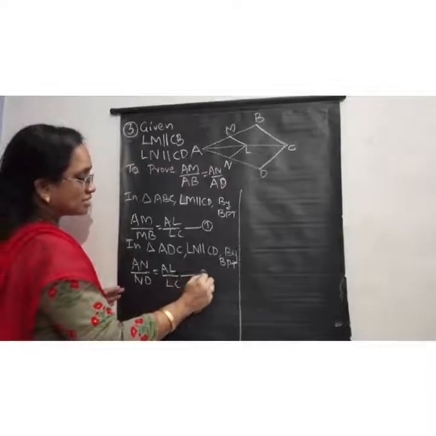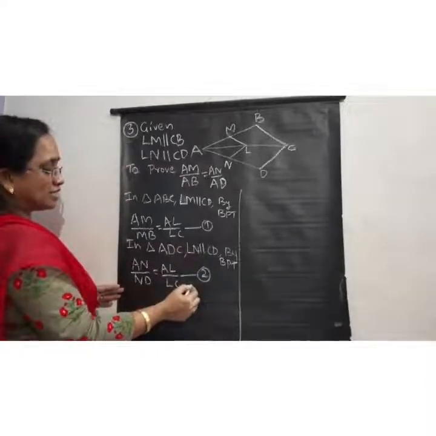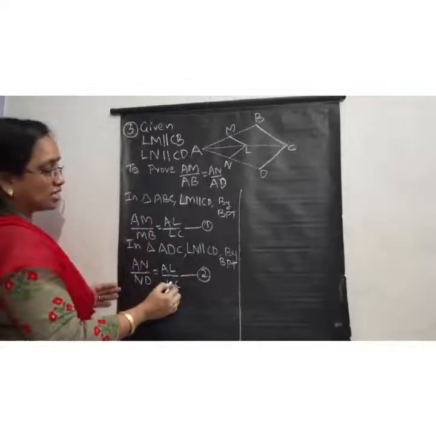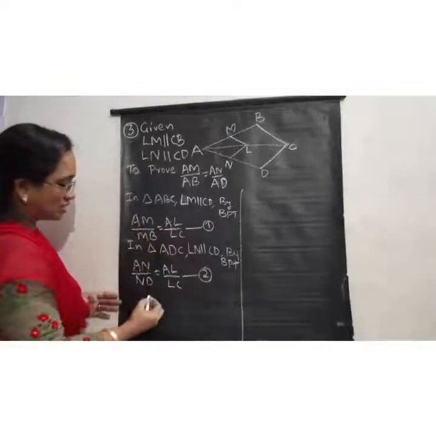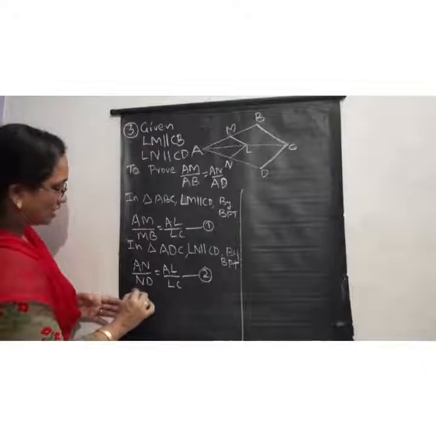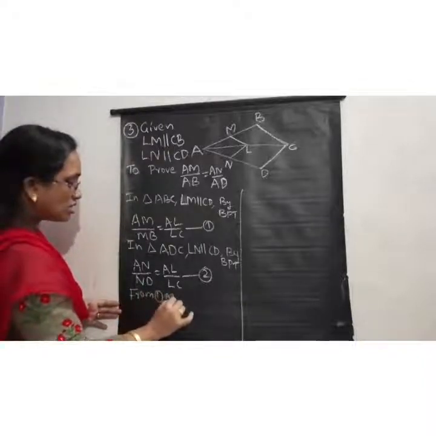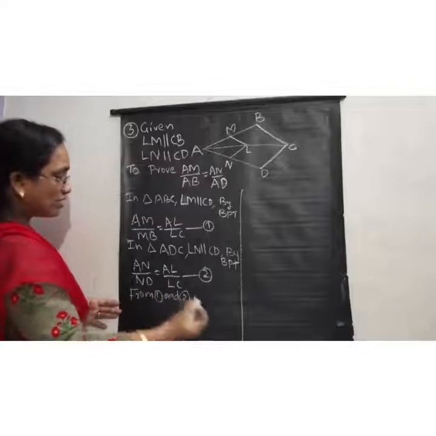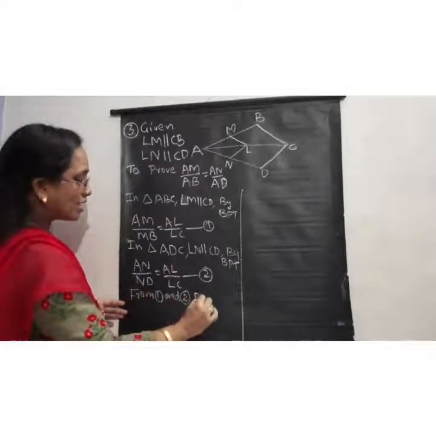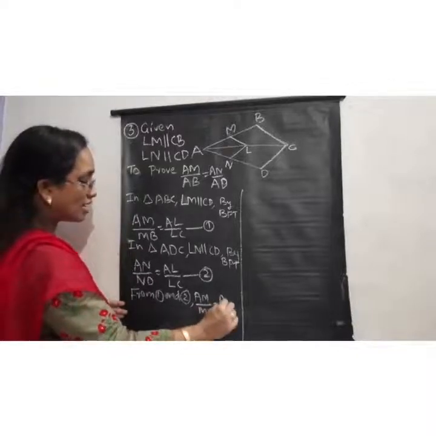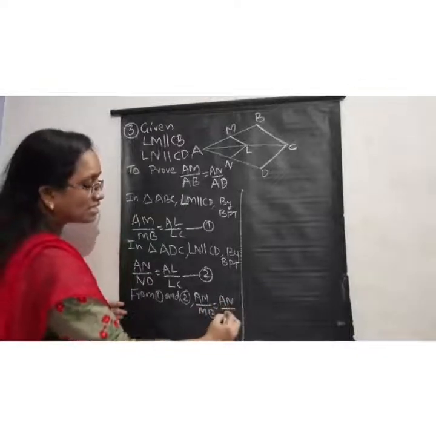This is the second condition. Look, in these two conditions the RHS are equal, so the LHS are also equal. So from 1 and 2, we can write AM by MB is equal to AN by ND.